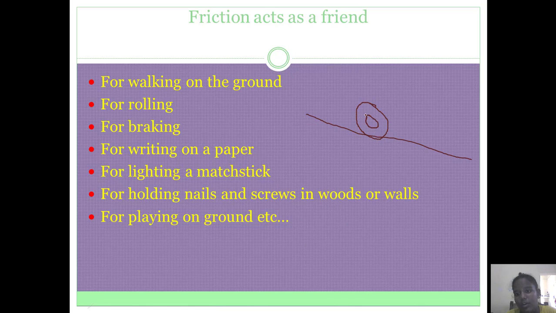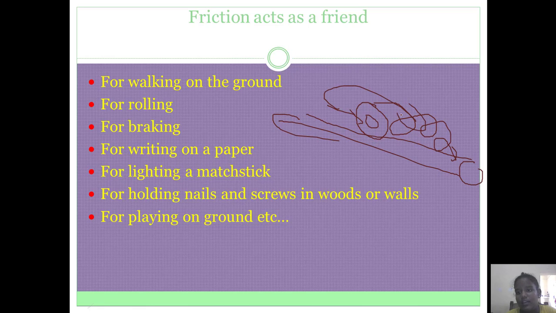When a ball or anything moves, it stops after some time because of the opposing friction. So for rolling, friction is needed.